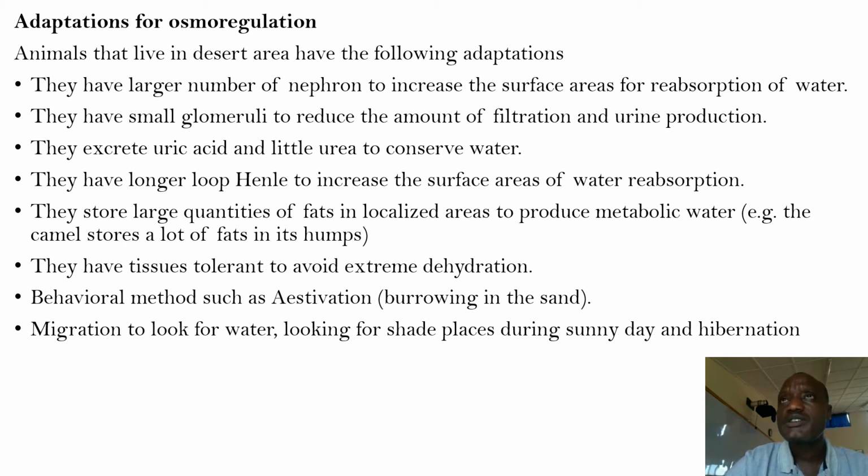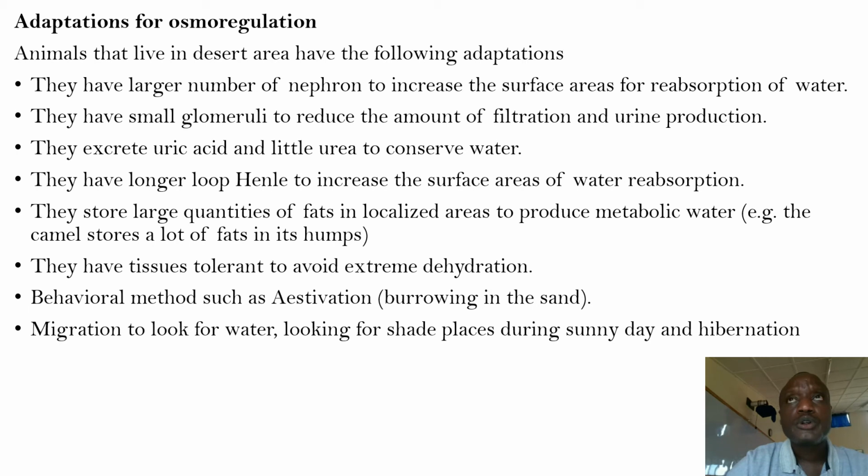In most cases, desert animals tend to produce highly concentrated urine in order to conserve as much water as possible in their body tissues. Birds also produce highly concentrated urine, and they are regarded as terrestrial animals. You have to pay much attention to this adaptation.